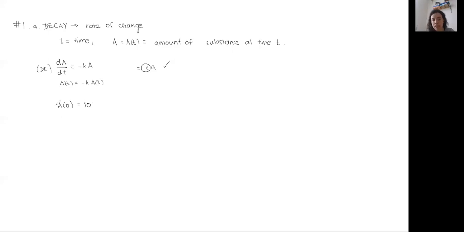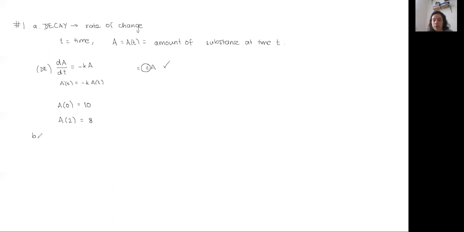And then if I look at A 2 hours after, that's going to be 80% of the initial amount, which means that 8 grams are left. Does everybody understand this? Can I see a show of hands for those of you who understand? Good. All right, so you can lower your hand now.